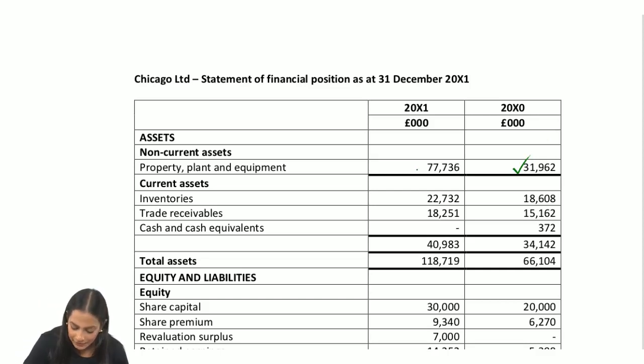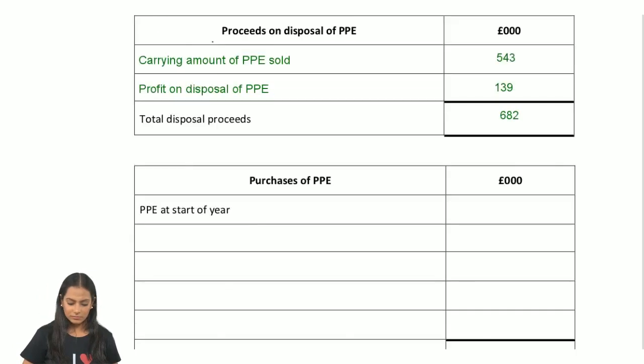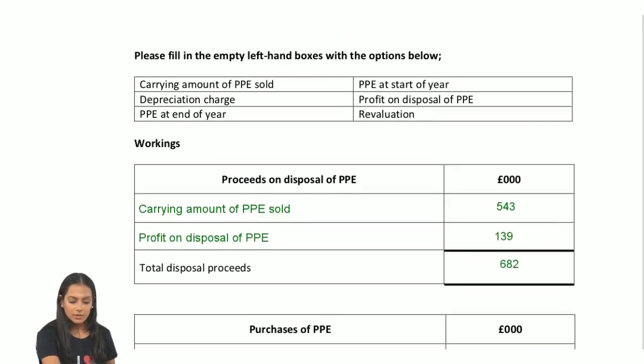And the PPE at the end of the year is 77736. You need to ensure that you are calculating this very, very carefully. So at the start of the year, 31962. And I can help you by showing. You can see PPE at start of year.